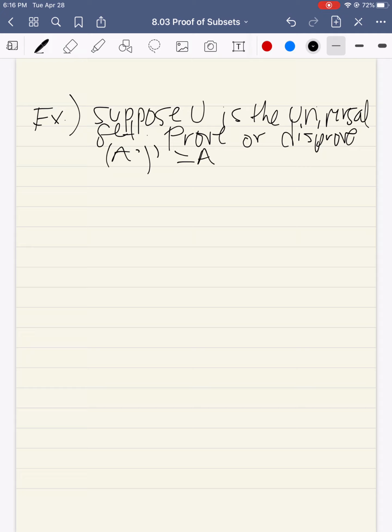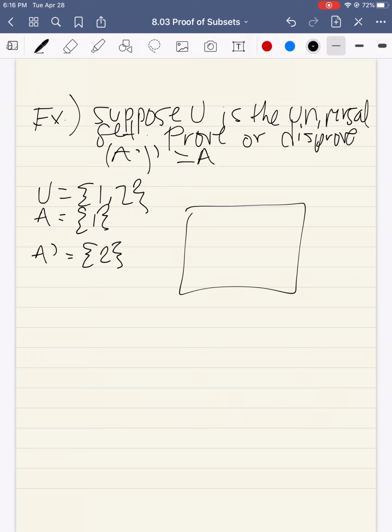And then we can go ahead with a formal proof. So let's just do a quick example here. So let's let the universal set be the set of 1 and 2. Let's let the set A just be the set containing 1. And let's let A complement be the set containing 2. So that means that using sort of a Venn diagram of sorts, if we have A to start, well, let me label this a little bit more clearly.